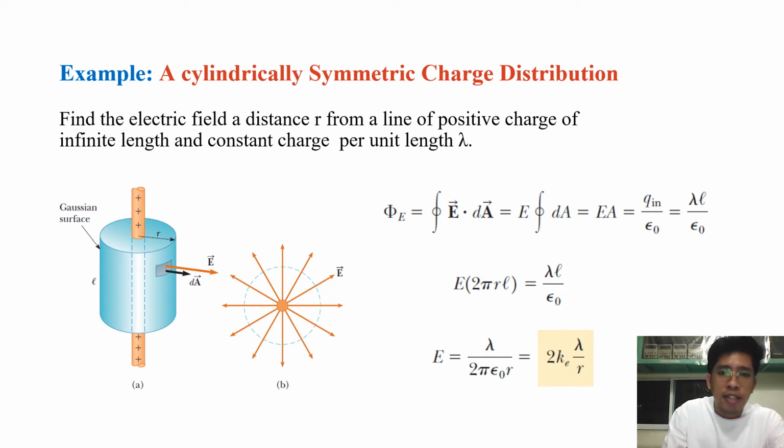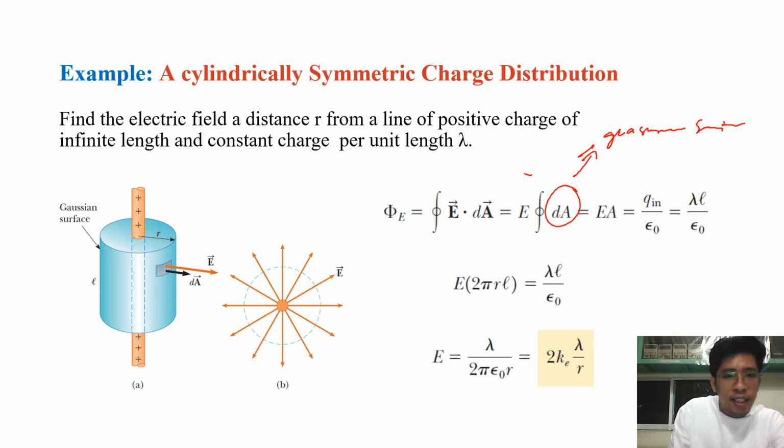That is, your flux Φ_E is equal to the integral of E dot dA, and you can take the electric field E outside of the integral, so you have E times the closed integral of dA. Here A is the area of your Gaussian surface.